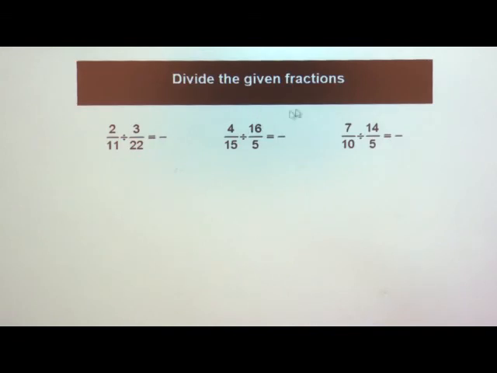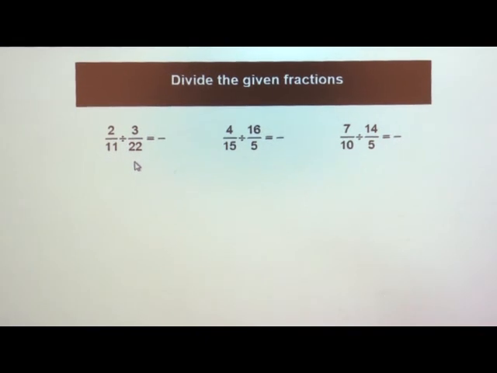Now, divide the given fractions. We have some fractions here. So, 2 upon 11 divided by 3 upon 22. We will see one by one what the division of this will be, so you will understand how to solve this.